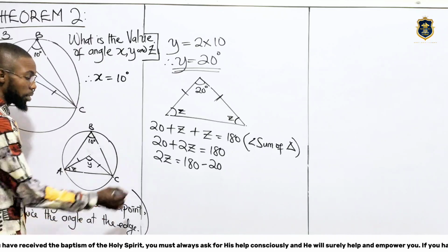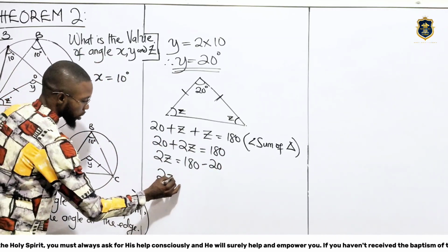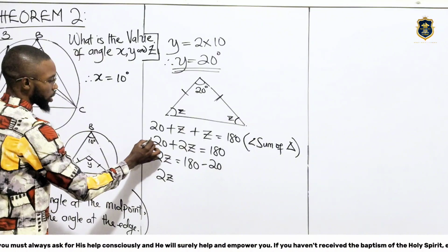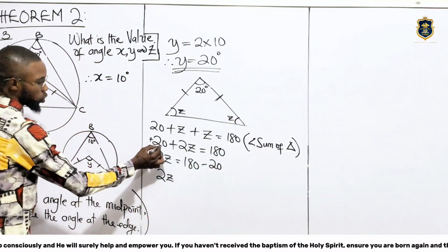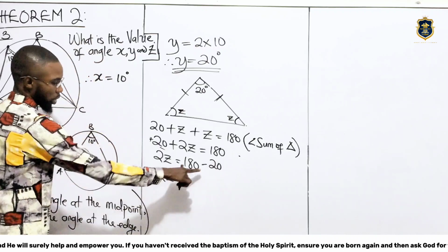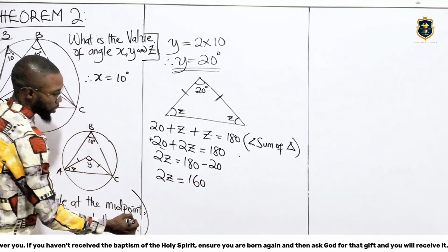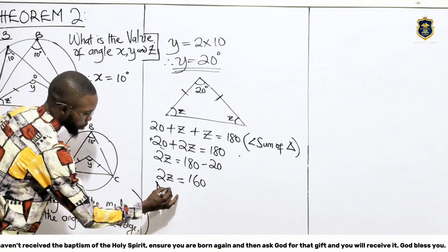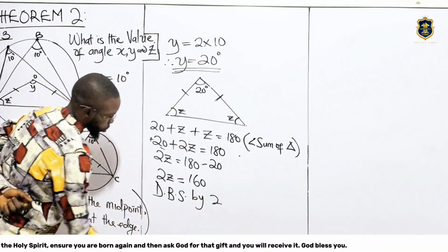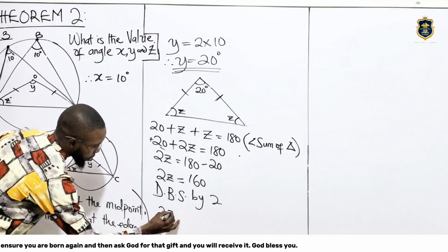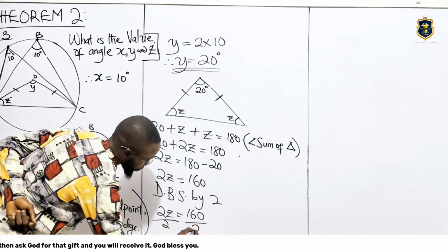Having collected like terms, this 20 has to go, because you can't add, right? Once it crosses to this side, it becomes minus. So 2z becomes 160 degrees, right? We divide both sides by 2. 2z over 2, which is equal to what? 160 divided by 2.